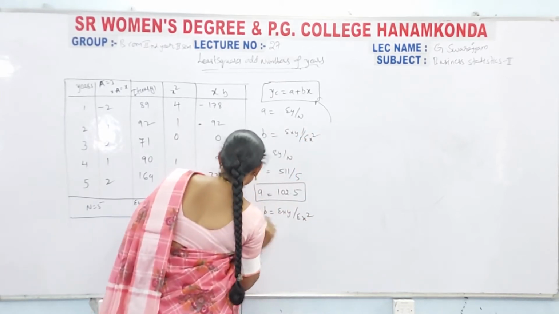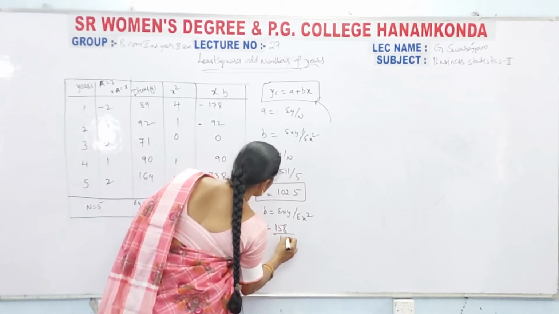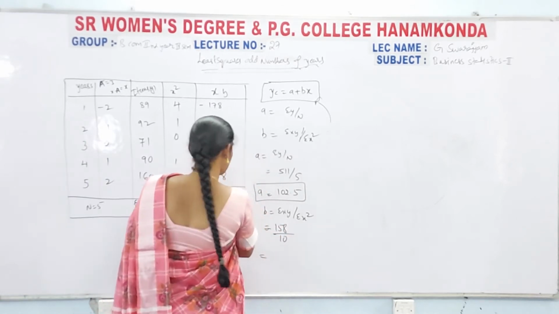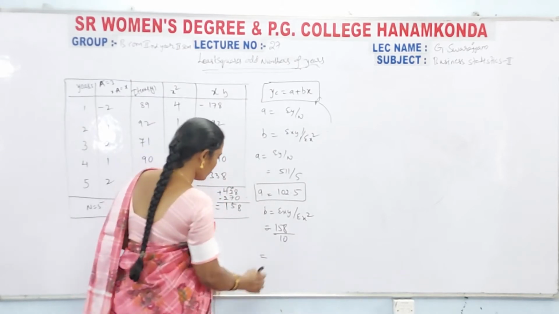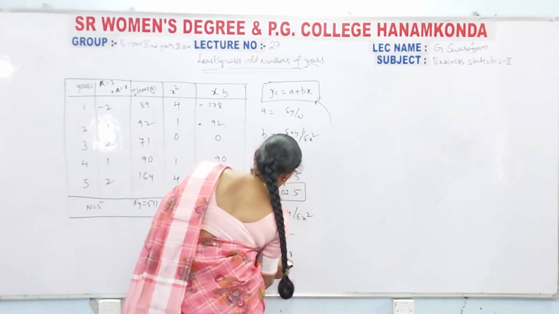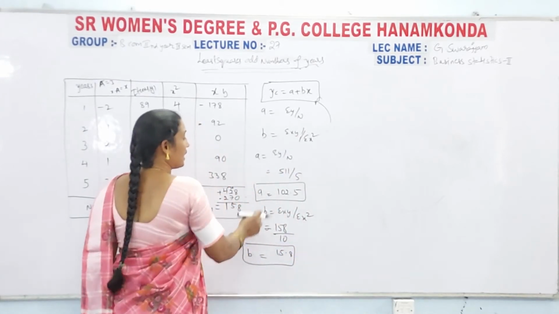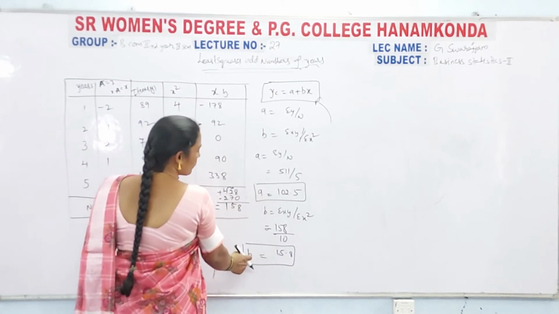So sigma xy here 158 by sigma x square here 10, 15.8. This is B value. Then A value is found out, then B value is found out.